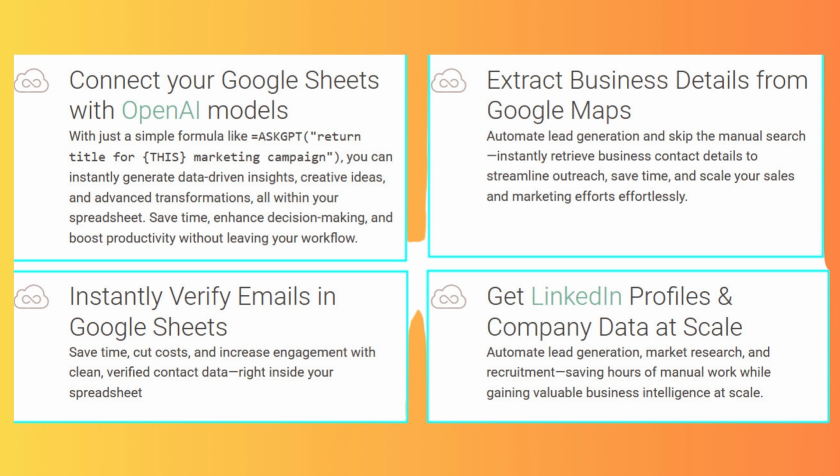Extract business details from Google Maps. Then we use the API from Million Verifier to instantly verify emails. Last but not least, get LinkedIn profile details for data enrichment, whether it's an email or a company address.